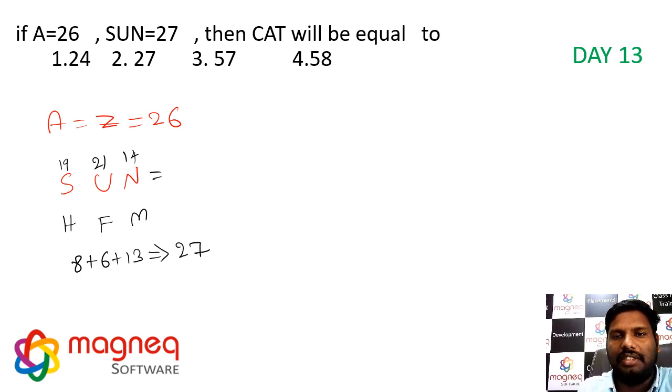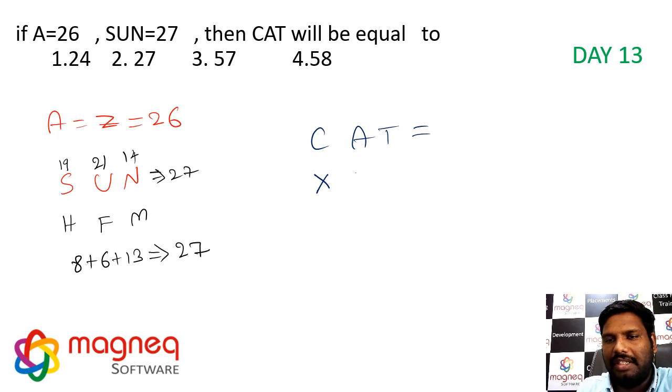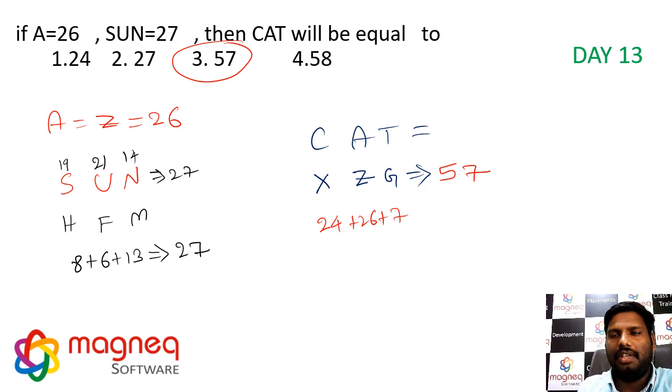Same for CAT: C is opposite to X, A is opposite to Z, T is opposite to G. 24 plus 26 plus 7 means 57. Third option, 57.